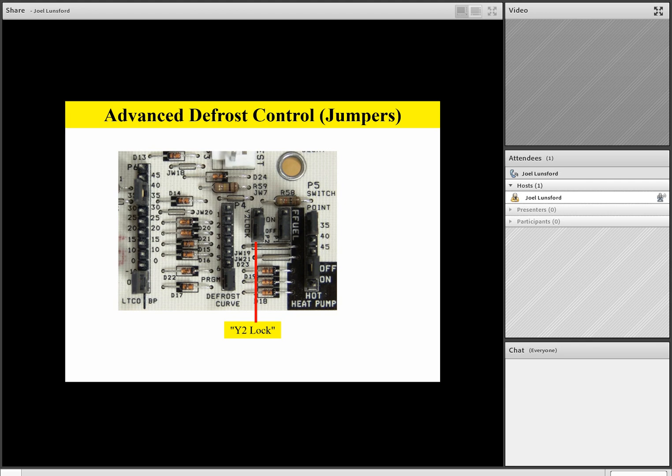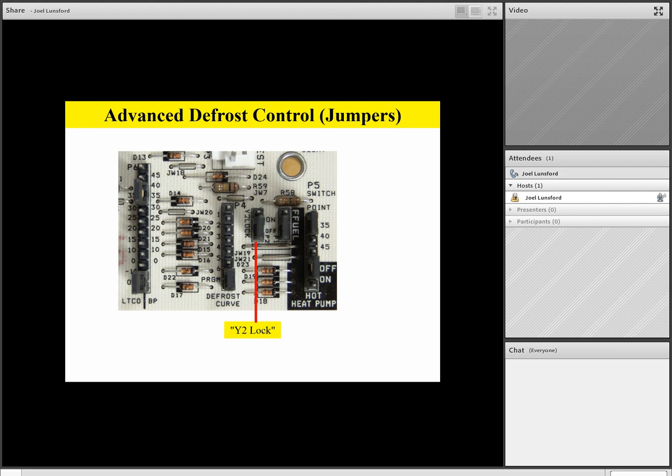So it's important to note, again, one more time, that if you have the Y2 lock jumper in the on position, and the outdoor unit gets a second stage call, it's going to lock it in to second stage to complete the call until the thermostat is satisfied.